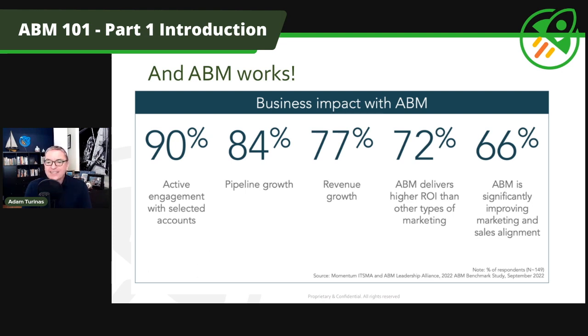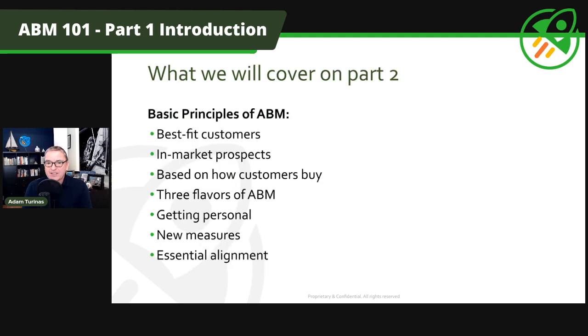Okay, so that's coming to the end of this class. What we're going to cover in part 2 and also part 3, the second and third classes of this course, are the basic principles of ABM. So in summary, let me tell you what those principles are. Principle number 1 is about finding best fit customers. Principle number 2 is about looking for in-market prospects.